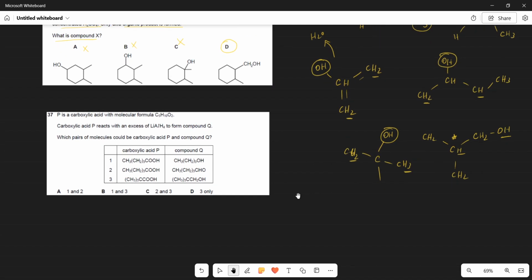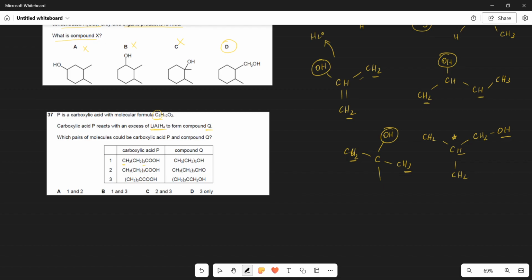And the last question, 37, it's a carboxylic acid with a molecular formula C5. So P reacts with excess lithium aluminum hydride to form compound Q. Which pair of molecules could be carboxylic acid P and compound Q? First look at the number of carbons, 5.